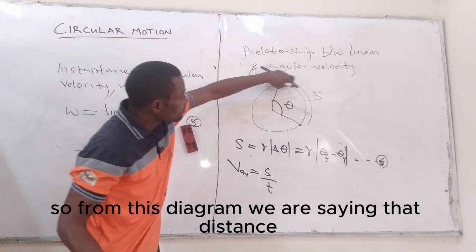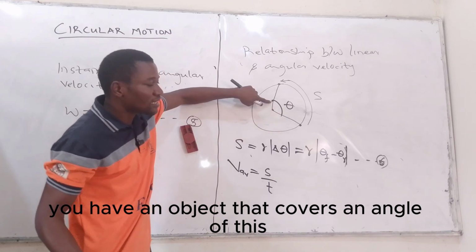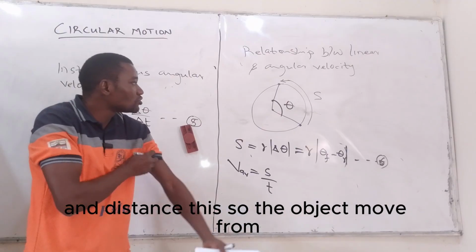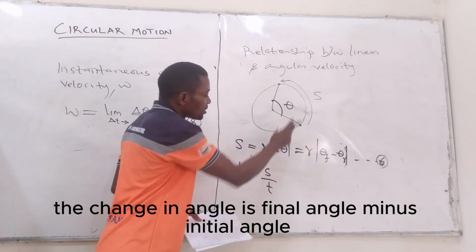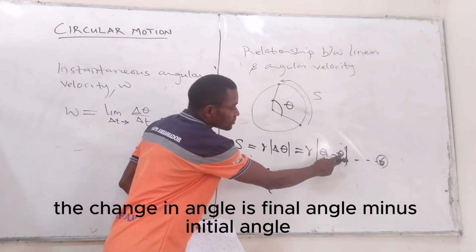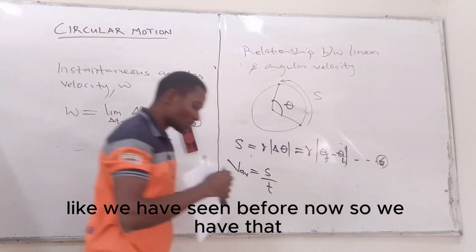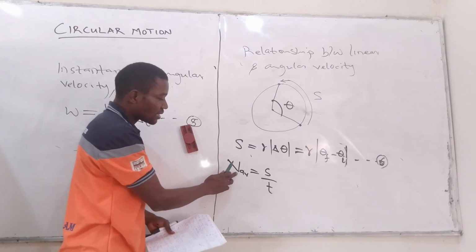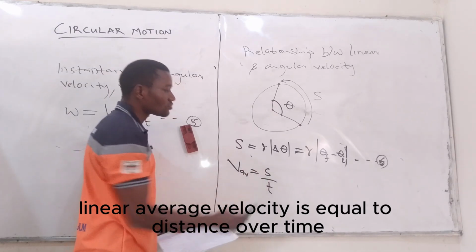From this diagram, we are saying you have an object that covers an angle of this and a distance of this. For the object to cover this, the change in angle is final angle minus initial angle, like we have seen before now. So linear average velocity is equal to distance over time.